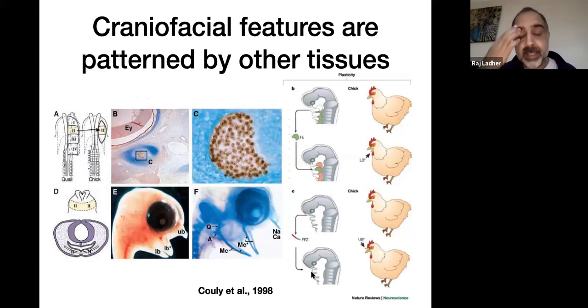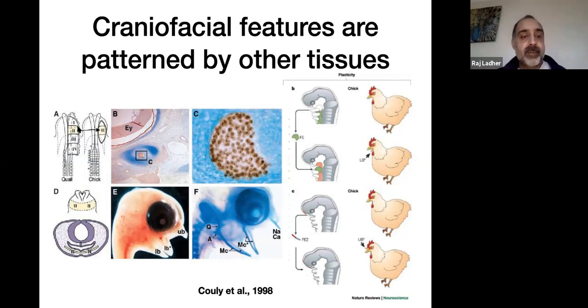So what does pattern the jaw then? How do these repeating segments know that they're going to become the lower jaw, for example, or the upper jaw, or the hyoid support apparatus? And it seems that, and this is now classic embryological experiments from Nicole Le Douarin, the endoderm is important for imparting that information.